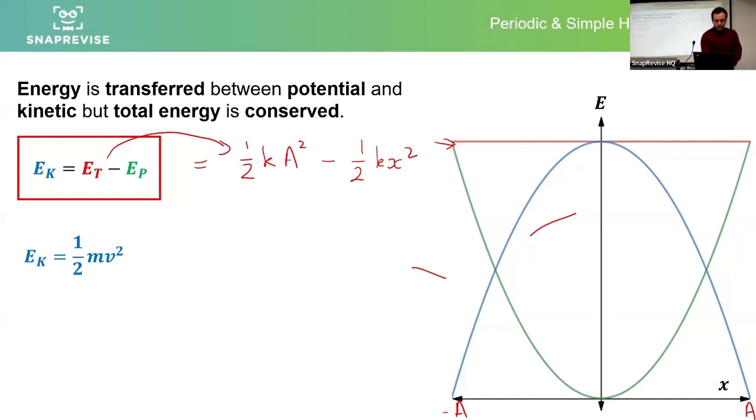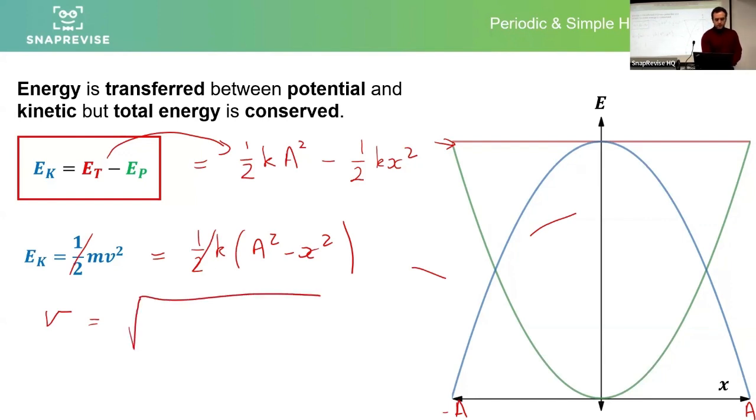If you then set it equal, you can work out an expression for v. The halves cancel. You will need to square root, but you get v equals the square root of k over m times A squared minus x squared.